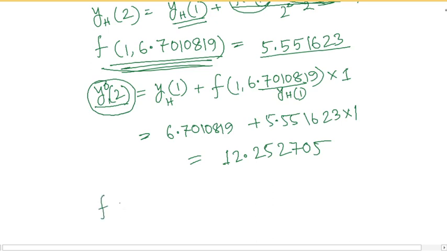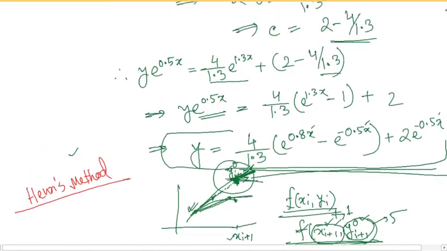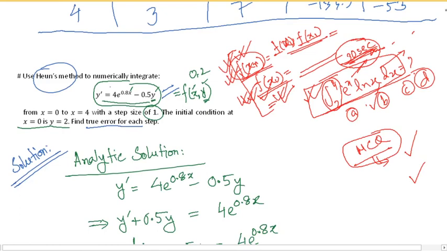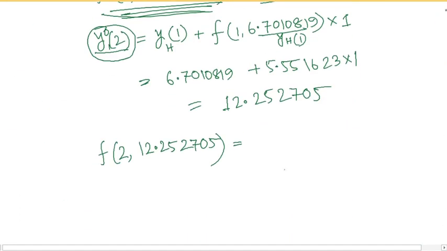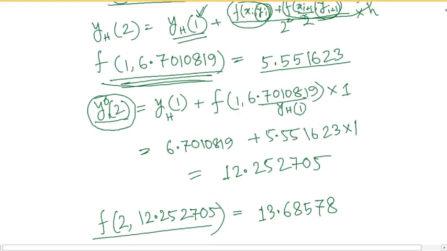So f of 2 comma 12.252705 is equal to, using this function, I'll be getting 13.68578. This is the slope and this is another slope.